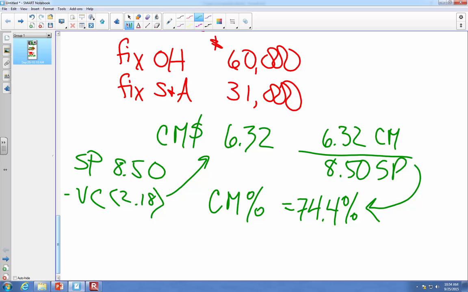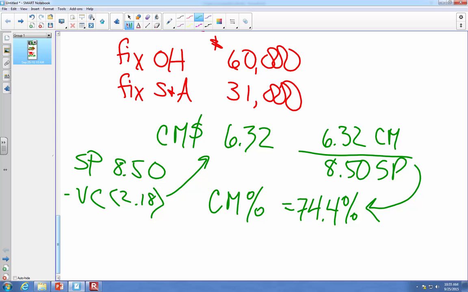Can you easily now get to break even in dollars and break even in units? How did you get break even in units? Good. My contribution margin in dollars or my contribution margin in percentage? What did I ask? Did I ask for dollars or units? I asked for units, so you have to divide by dollars.